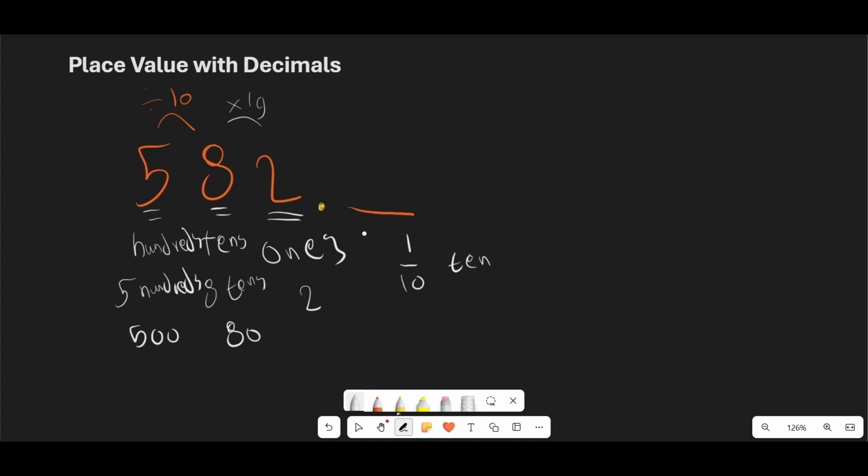So this place is known as the tenths place. Moving on to the side of it, it's also known as the hundredths place. And to the side of it is the thousandths place.